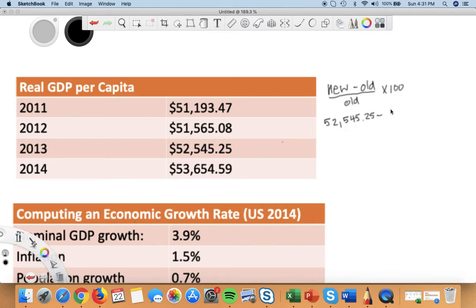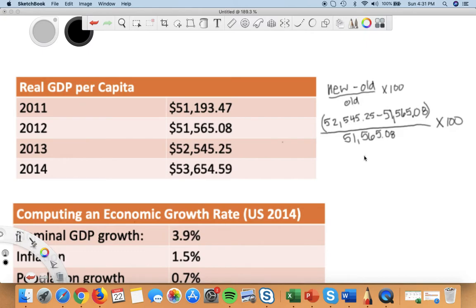So that's going to be $51,565.08. Put some parentheses around this guy. And then we're going to divide by that old value again, the $51,565.08. Once we get all that, we'll multiply it by 100.